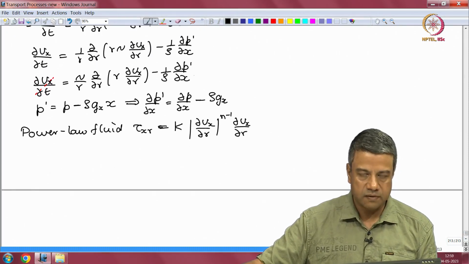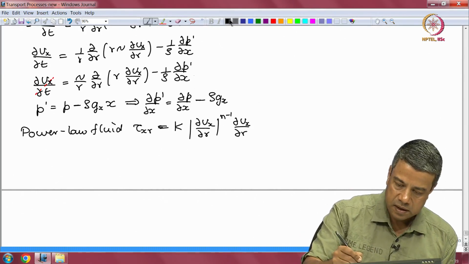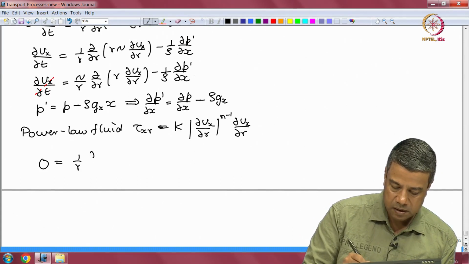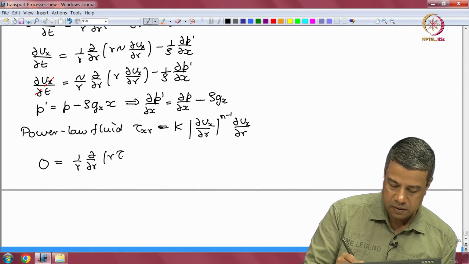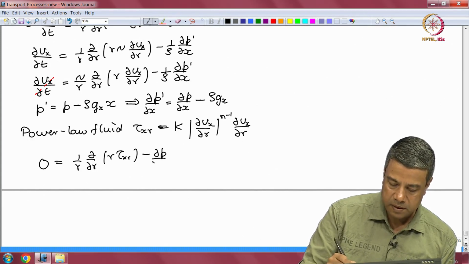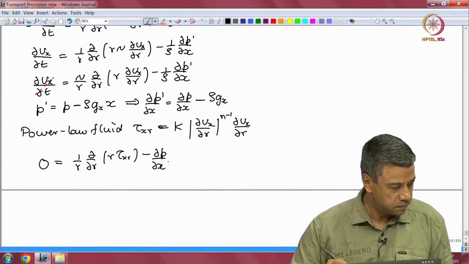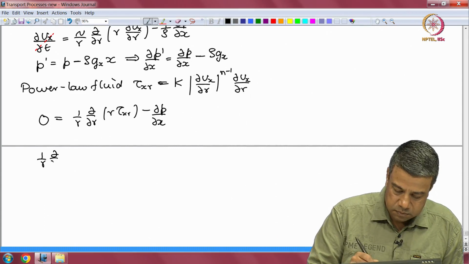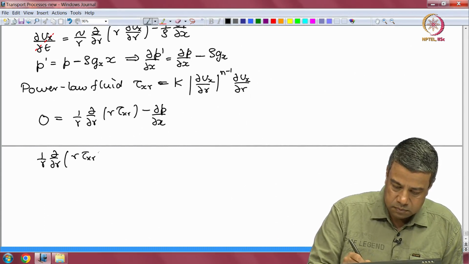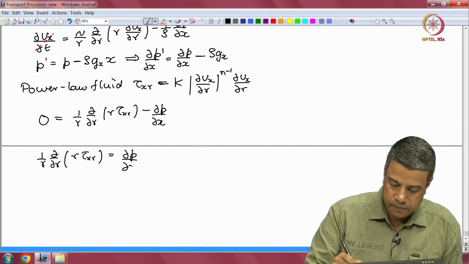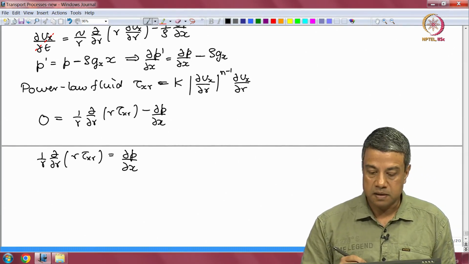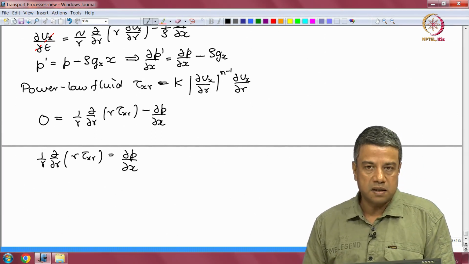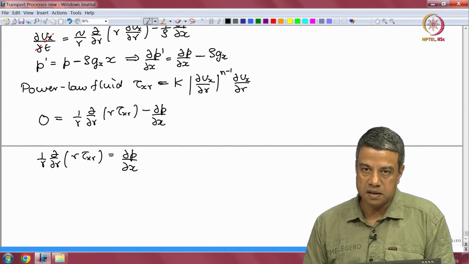So, even if the fluid is a power law fluid, the momentum conservation equation at steady state is still equal to 1 by r partial by partial r of r tau x r minus partial p by partial x. dP dx is still a constant, because if I take the derivative of this entire equation with respect to x, the shear stress is independent of x because the velocity is independent of x.